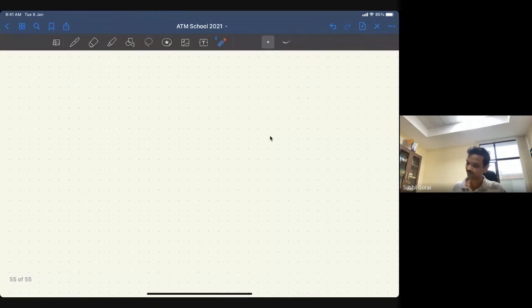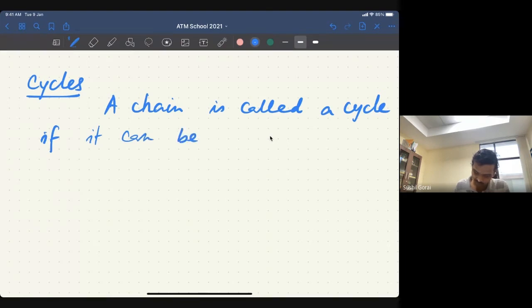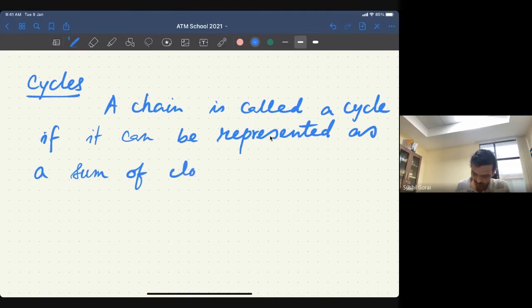So corresponding to a closed curve, we have cycles. A chain is called a cycle if it can be represented as a sum of closed curves.